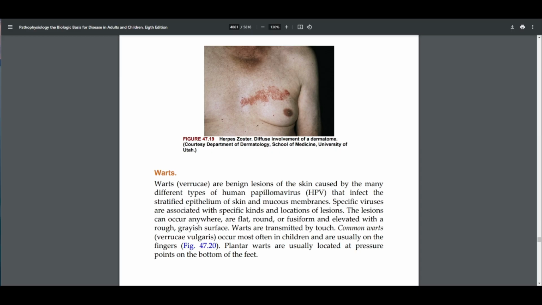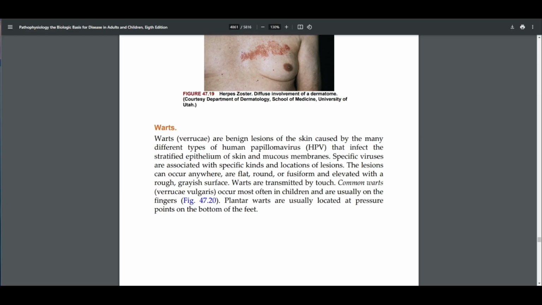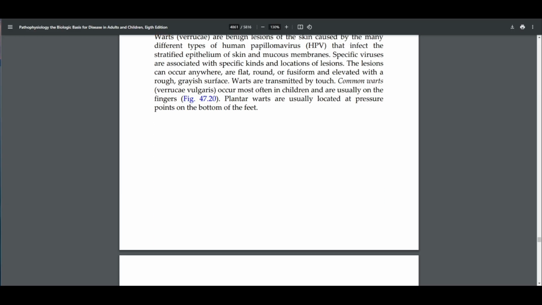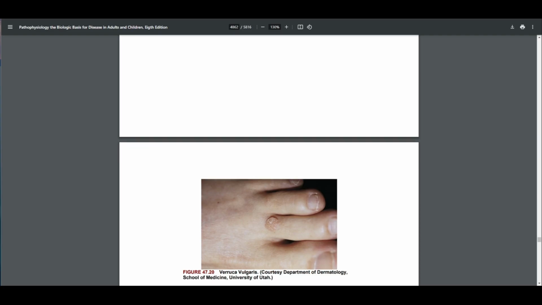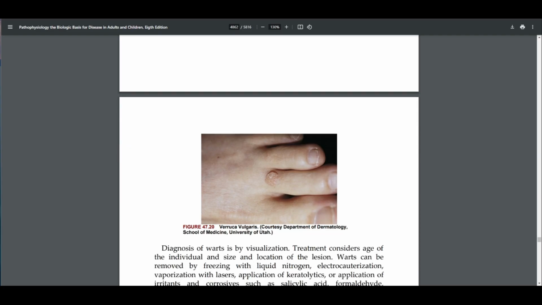The lesions can occur anywhere, are flat, round, or fusiform, and elevated with a rough grayish surface. Warts are transmitted by touch. Common warts occur most often in children and are usually on the fingers. Plantar warts are usually located at the pressure points on the bottom of the feet. So here you're taking a look at plantar warts.